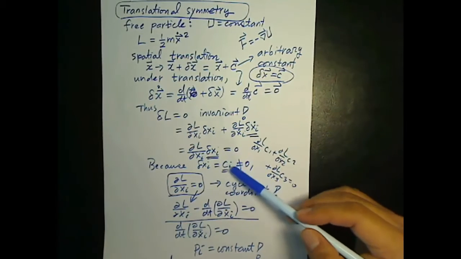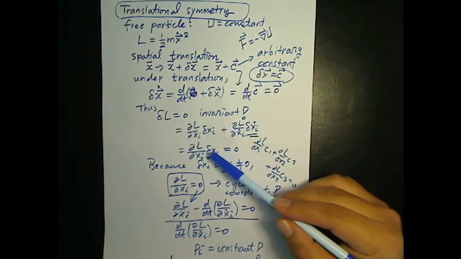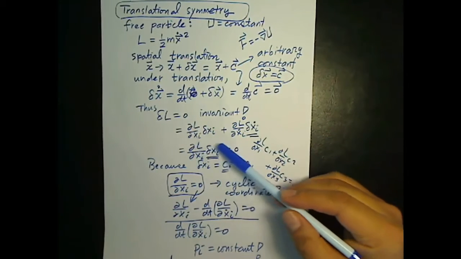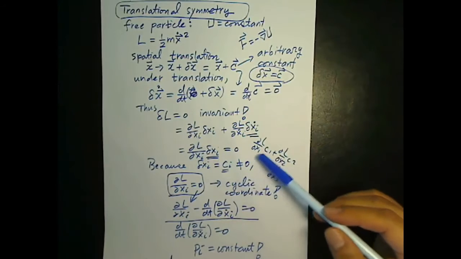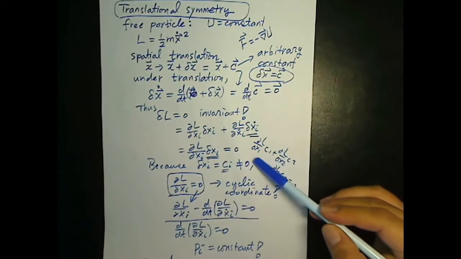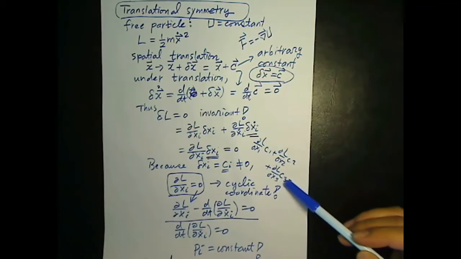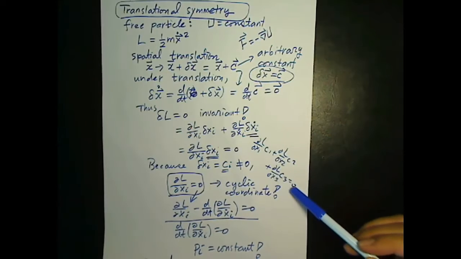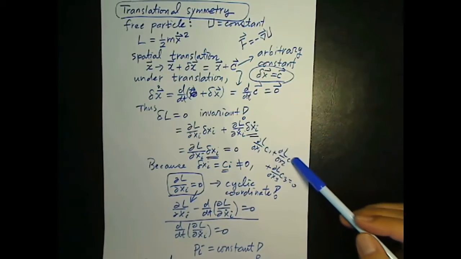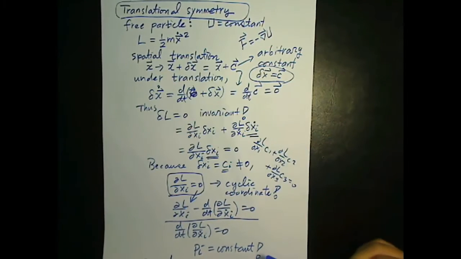It is an arbitrary constant. So we have something multiplied by c_i. That means the partial derivative of L with respect to x1 multiplied by c1, plus the terms for c2 and c3. This sum is zero for any constant values of c1, c2, and c3.